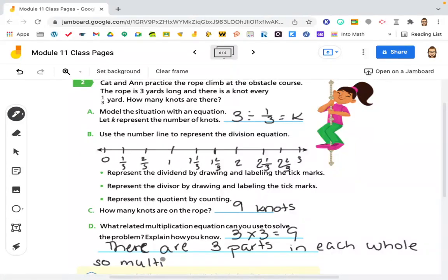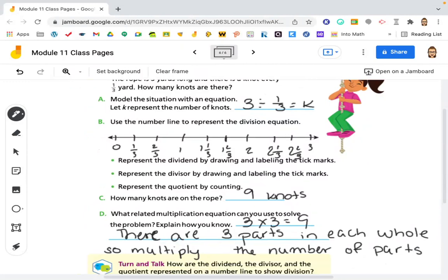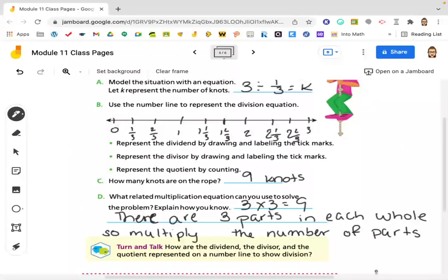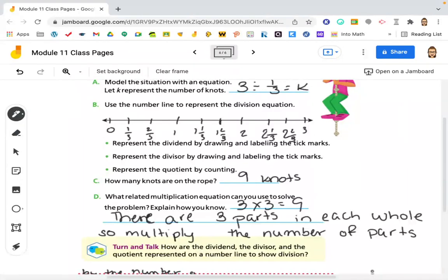So multiply the number of parts by the number of wholes.